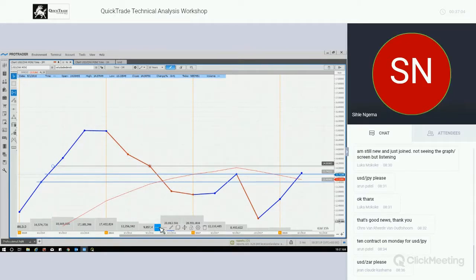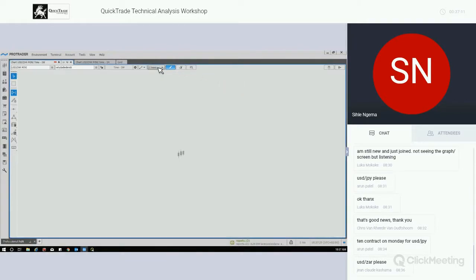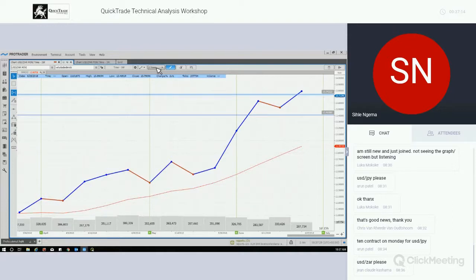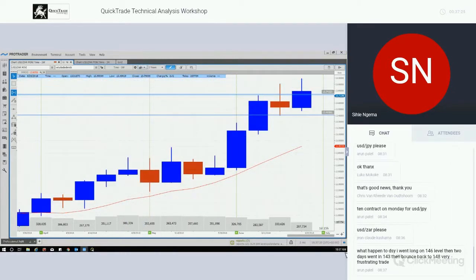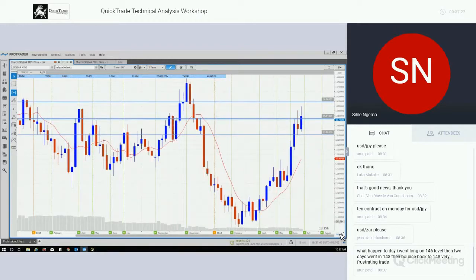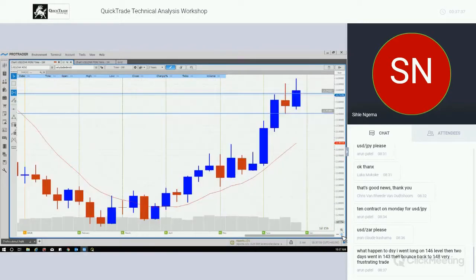Okay, let's check. If you are looking at the weekly time frame, it looks like the rand is trading nicely above that 1374 area.